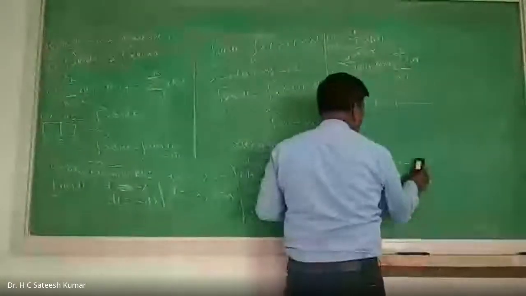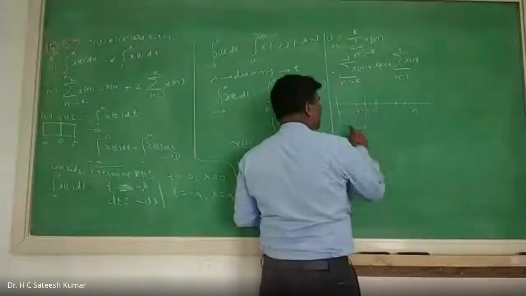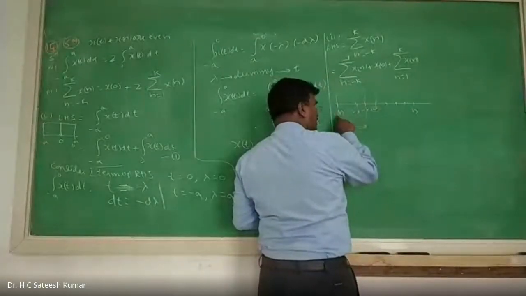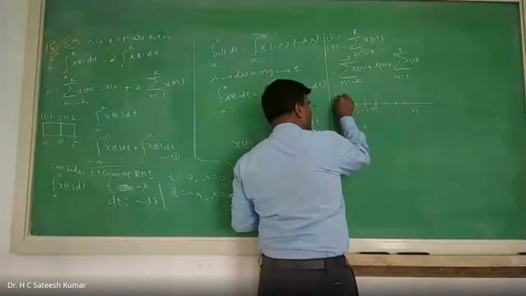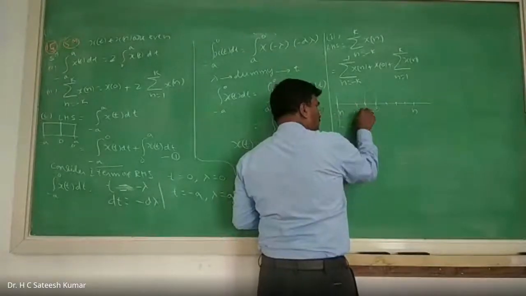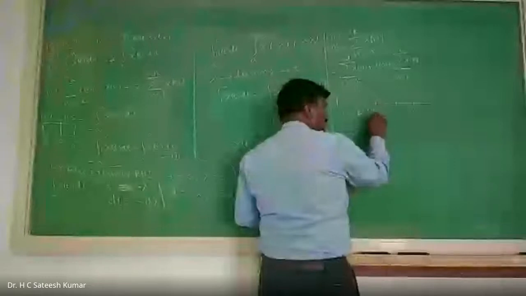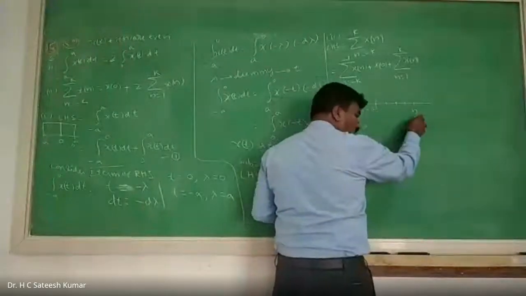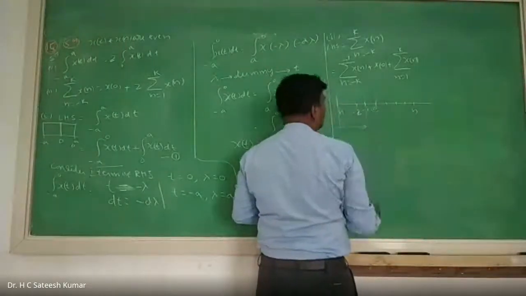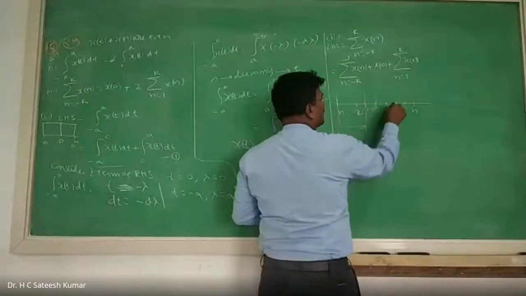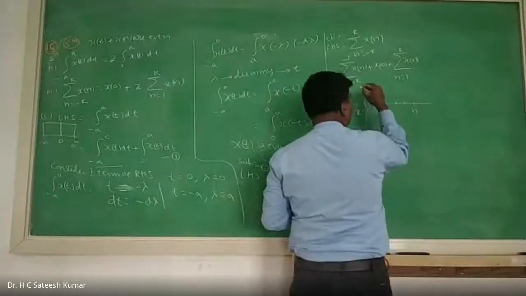Now what I am doing is, while adding, if you take from minus n to 0, we are adding the values from minus n up to 0. And when you take it from 0 to n, the 0th value is also added once again. Instead of that, what we do is take minus n to minus 1 and 1 to n, and the 0th value I will take separately.